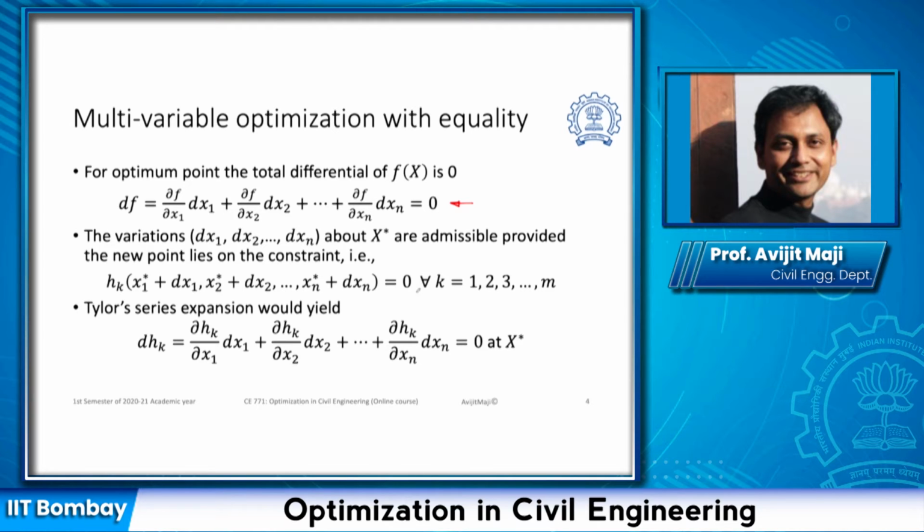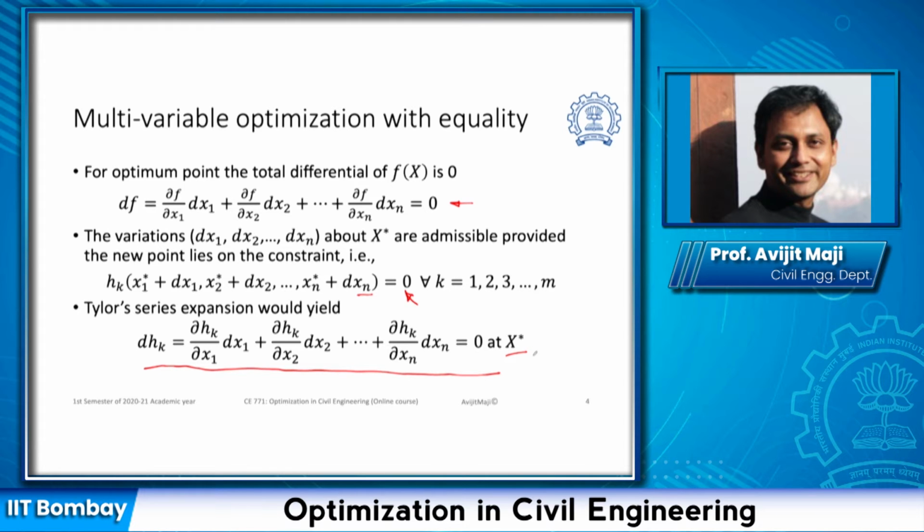So we are indicating the constraint as equal to 0 for the new point, which is some variation about the optimum point x star. Now if we expand this equation using Taylor series, we have shown that the equation will convert into this, which is equal to 0 at the optimum point x star.